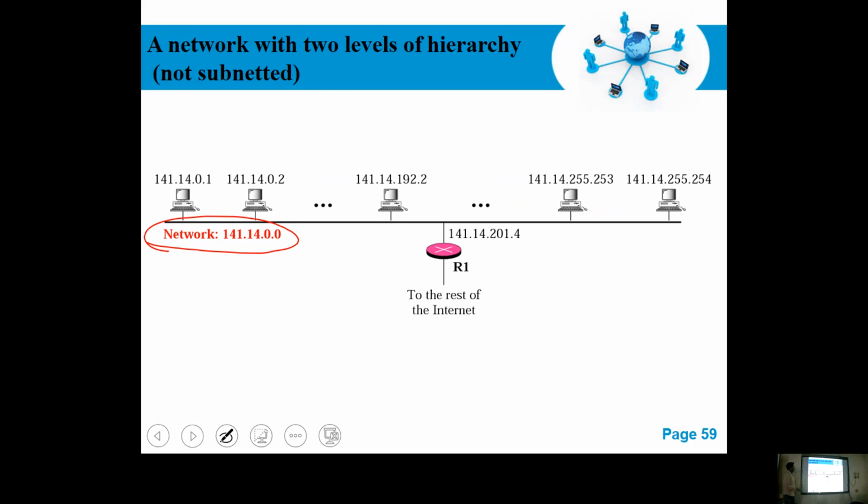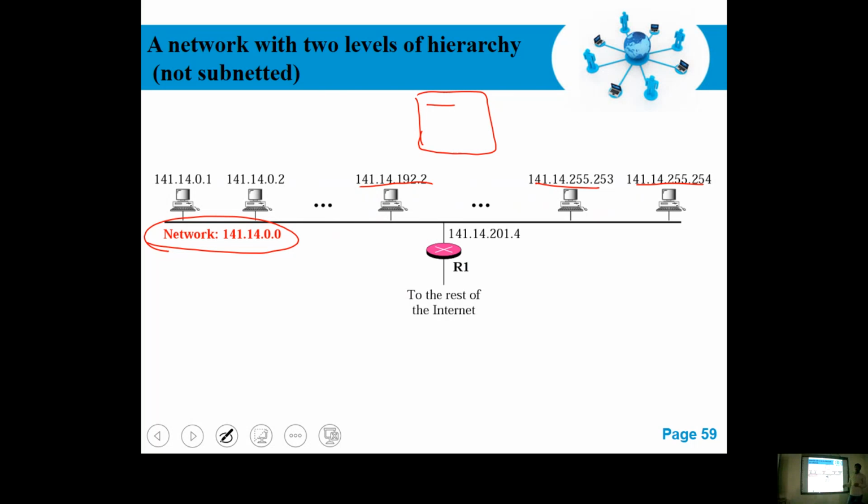This will be constant, and in the routing tables you are going to specify this value. You won't list individual addresses in a routing table. If I consider the routing table of any router, you are not going to list individual addresses like 141.14.0.1, 0.2, 0.3.